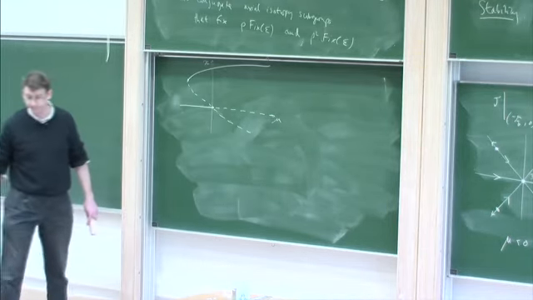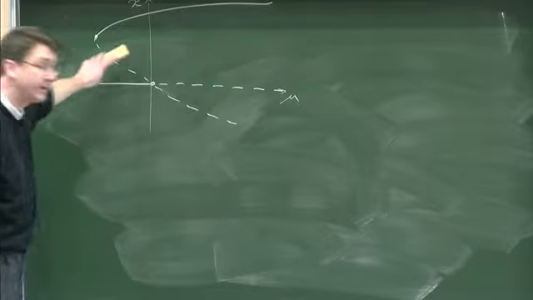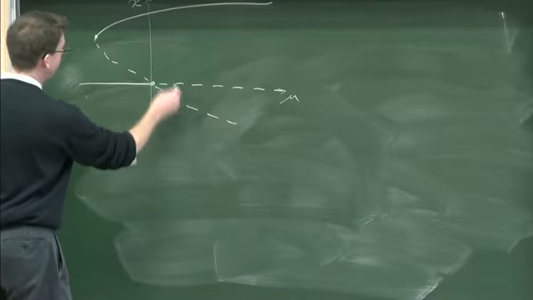This is just the local picture in the vicinity of the bifurcation point, and that's all I could guarantee, because a local bifurcation result is only local, in x and therefore in mu.